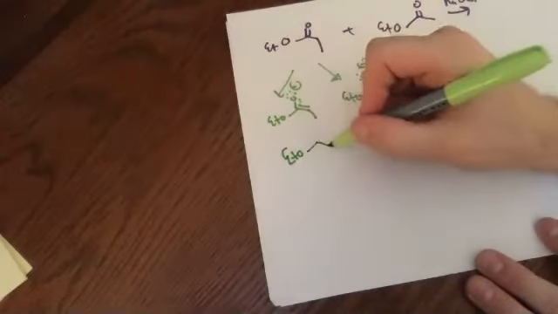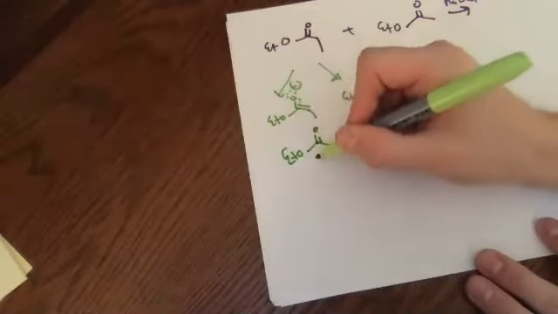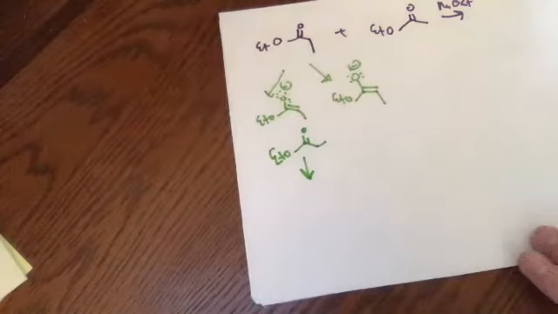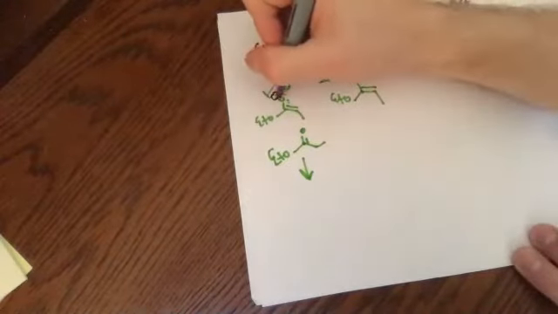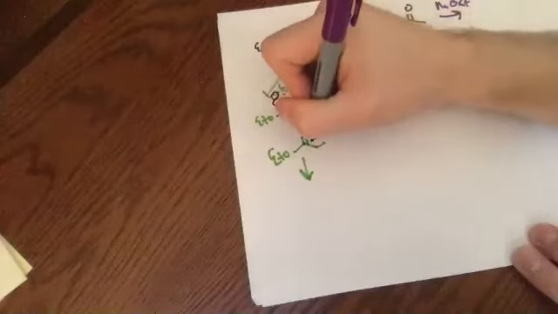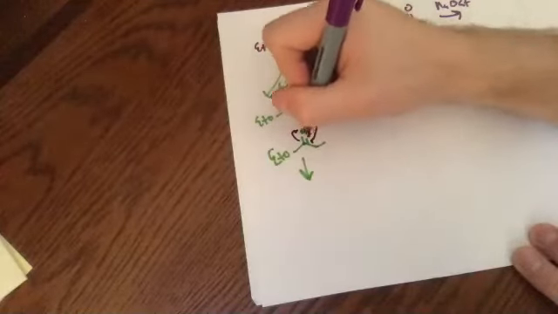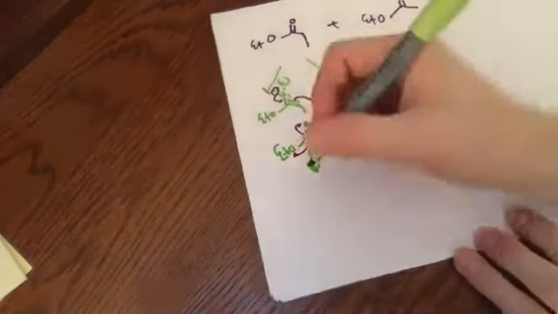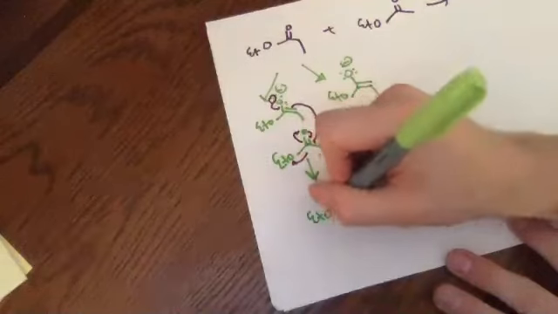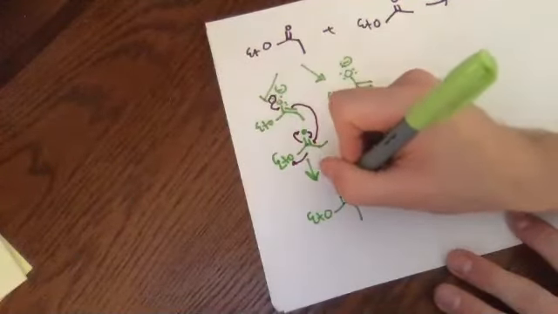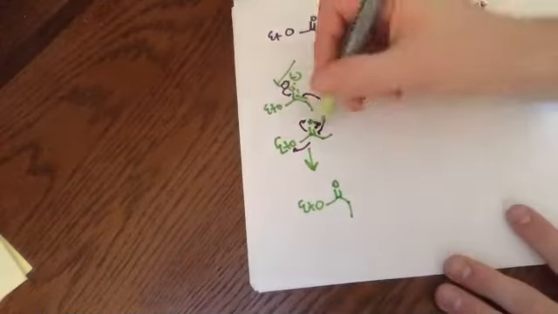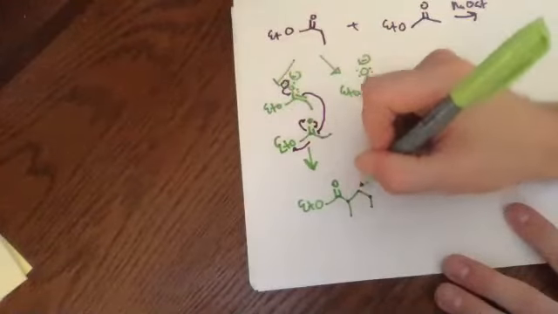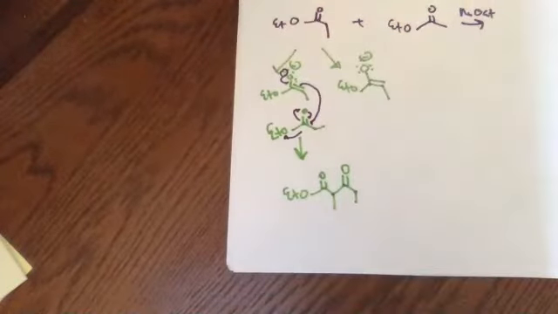So let's start with that. If this interacts with itself, it's going to form a bond, kick these electrons up, eventually kick them back down and kick this out here. We are going to make something that looks like our original structure with, attached to where this OEt was, now this ketone here.